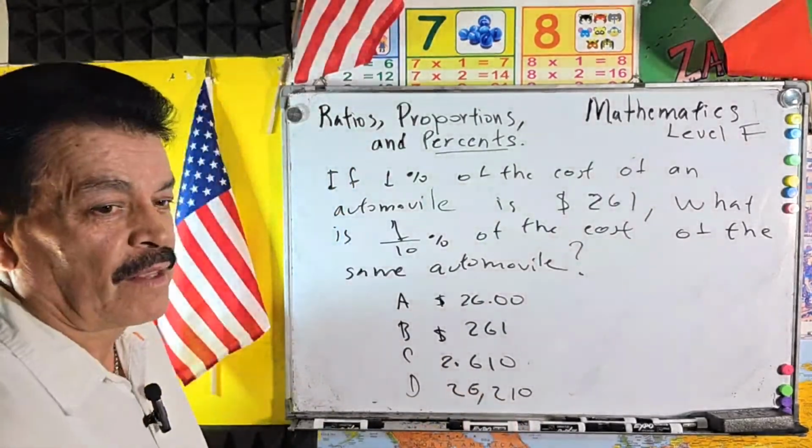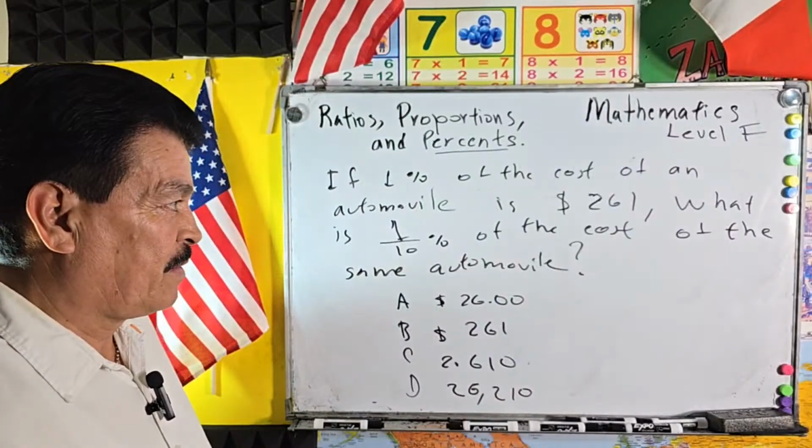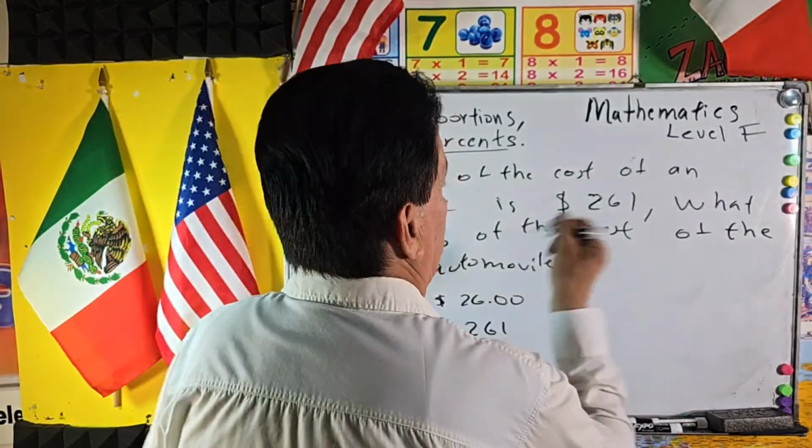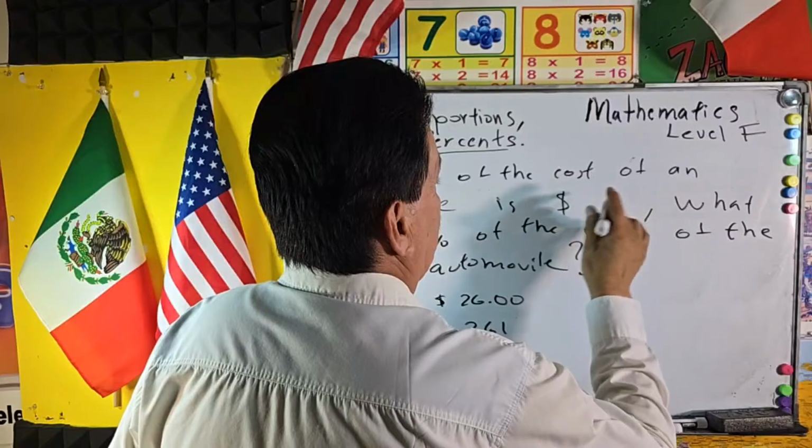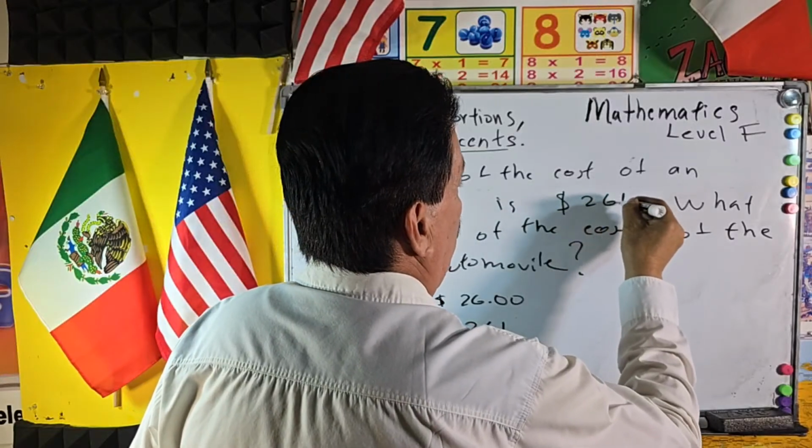All right. All answers are there. But look at the cost of the car. Look at the number. It's 261. The cost.